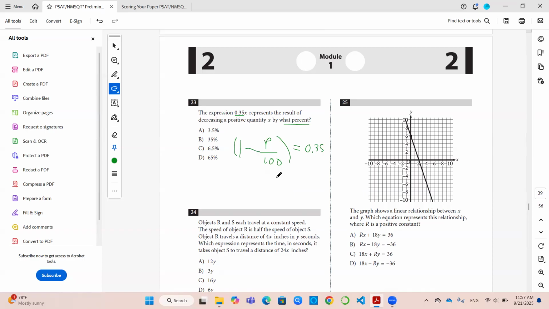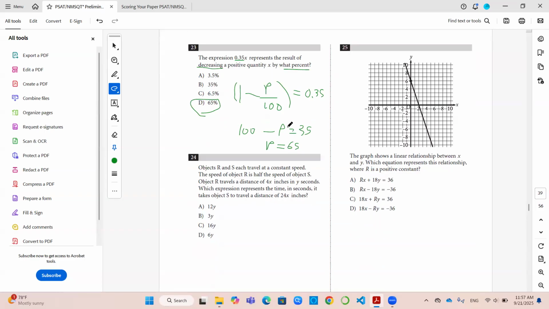So we have to solve this, right? So all we got to do is multiply by 100. It becomes E is equal to 65. So 65% decrease. So D is the correct answer. Please, please be careful when you're dealing with percentage increase and decrease.